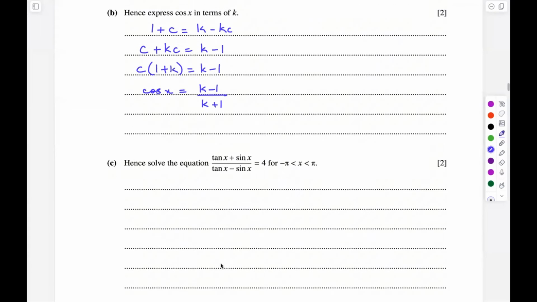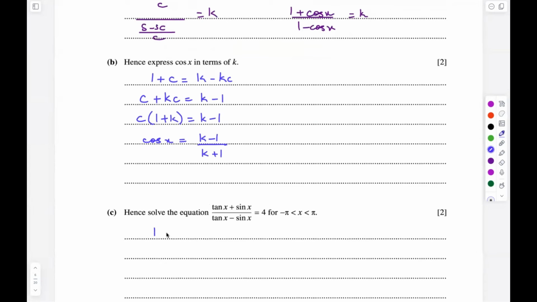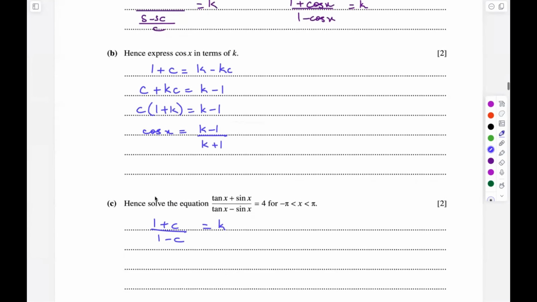In part C, it says, hence solve the equation (tan x plus sin x) upon (tan x minus sin x) equals 4. Now, in the first step, we have already done that. This can be written as (1 plus cos x) upon (1 minus cos x) equals k. And in part B, we had already made cos x the subject.